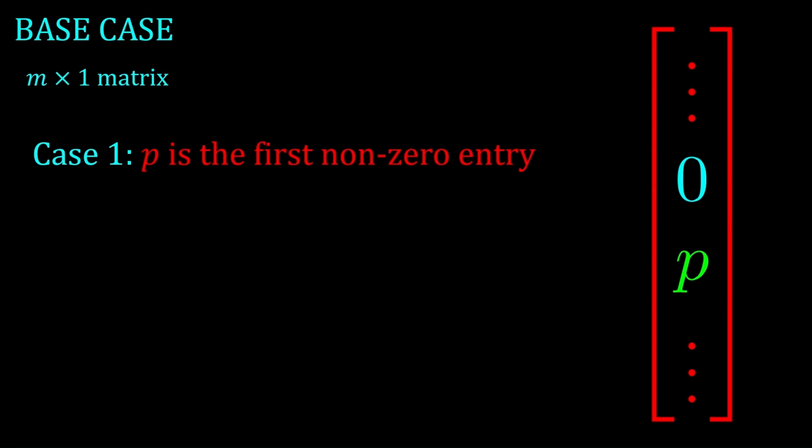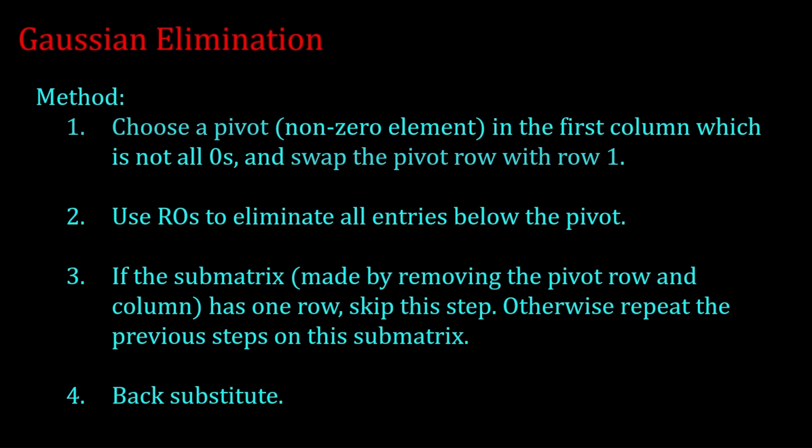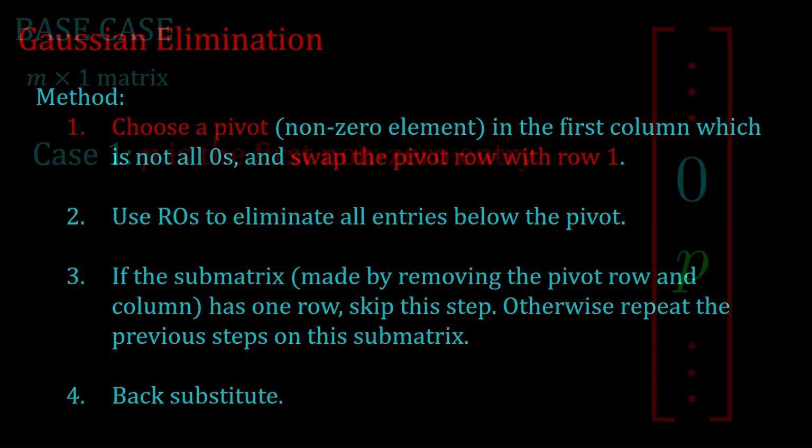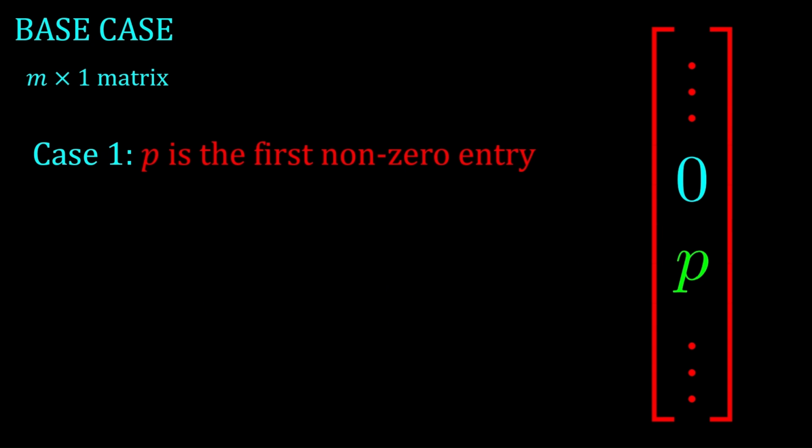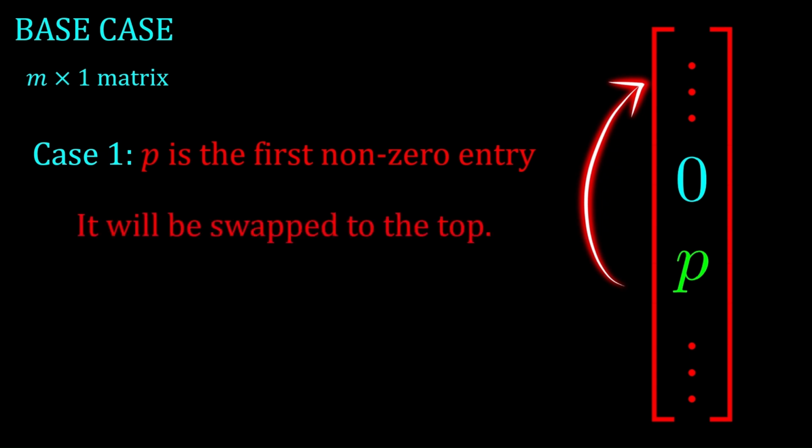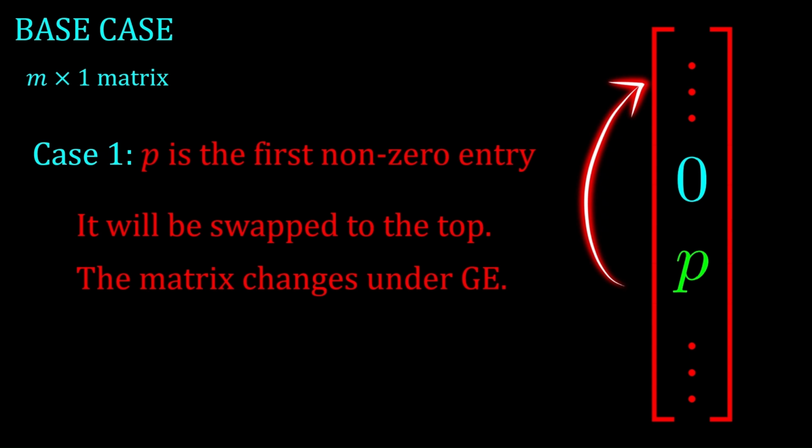Well, if you look back at the algorithm, it chooses a pivot and swaps the pivot with row 1. So the first pivot this will choose, if P is the first non-zero entry, would just be P. And we'll swap P to the top with a row operation. But swapping is going to change the matrix, right? So there we go, we're done in that case at least. The matrix does change if you have this sort of structure.